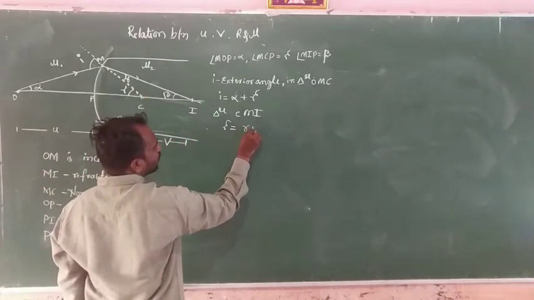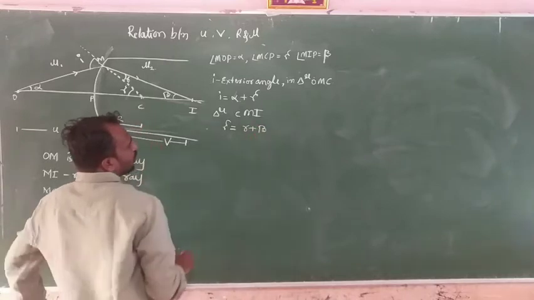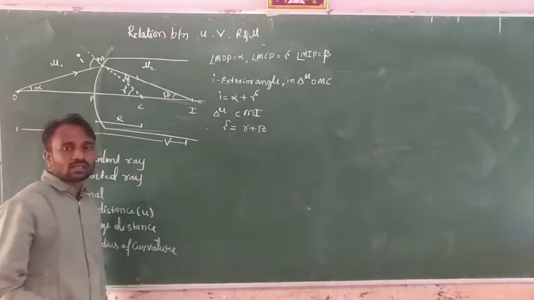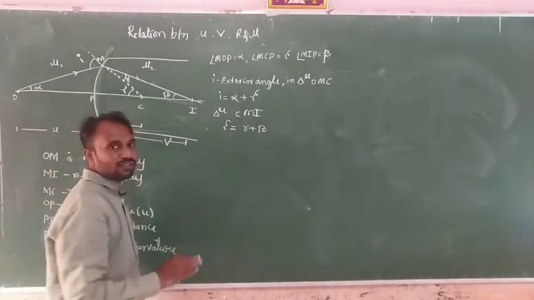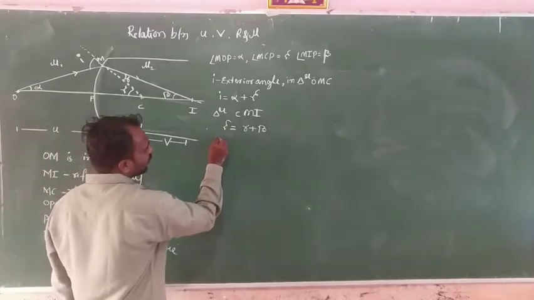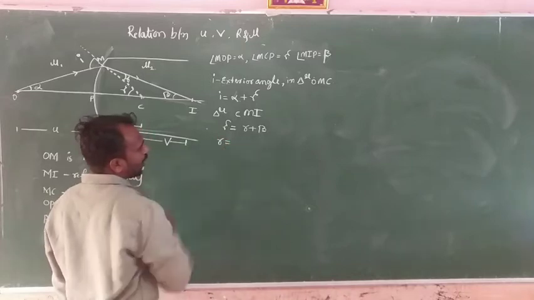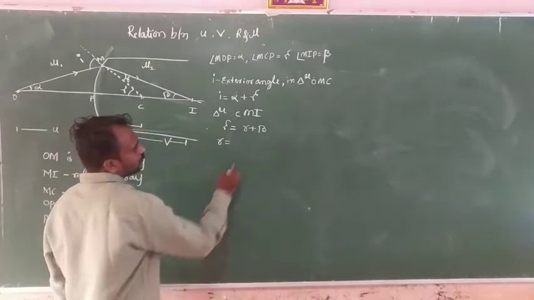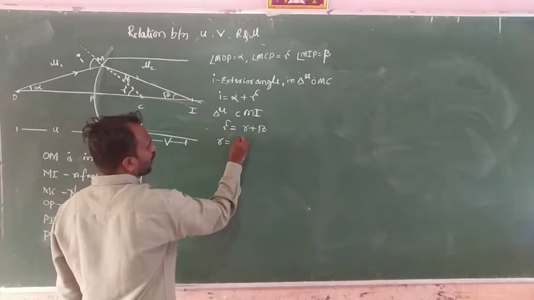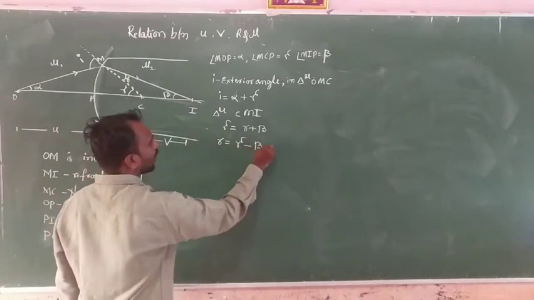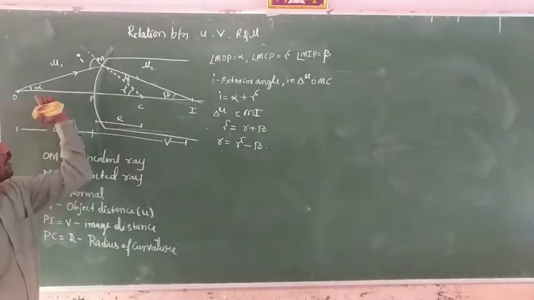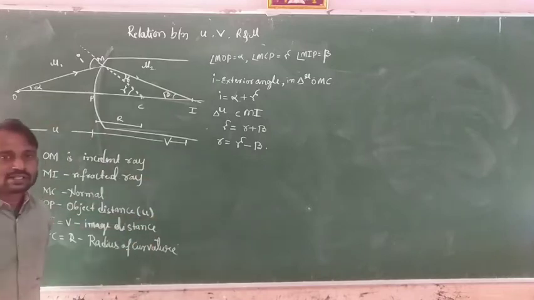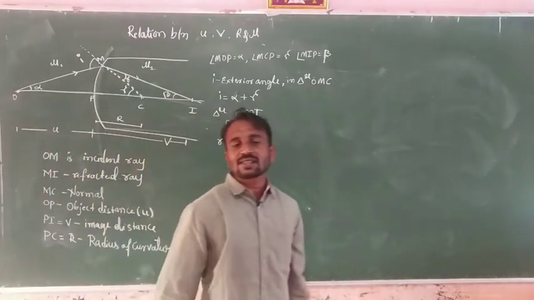It means gamma equals r plus beta. Here i is the angle of incidence and r is the angle of refraction. So we want the angle of refraction r equal to gamma minus beta.